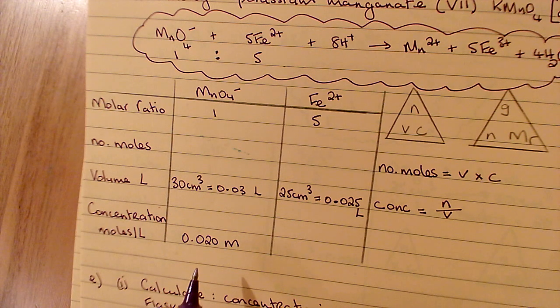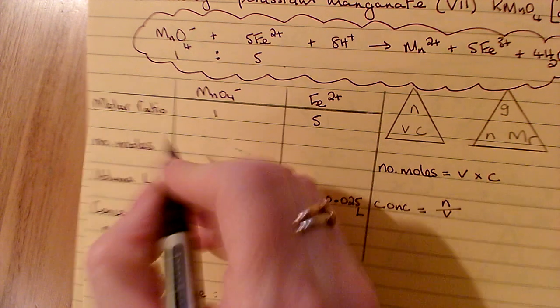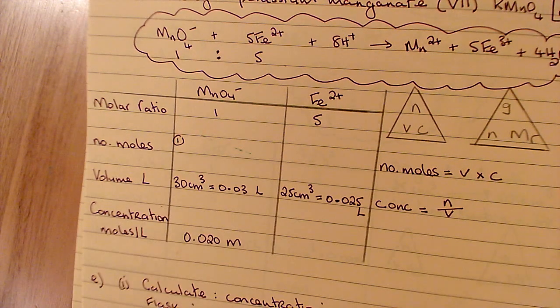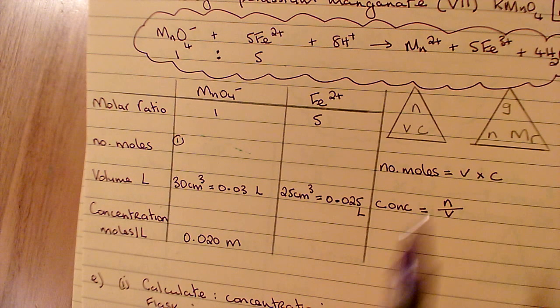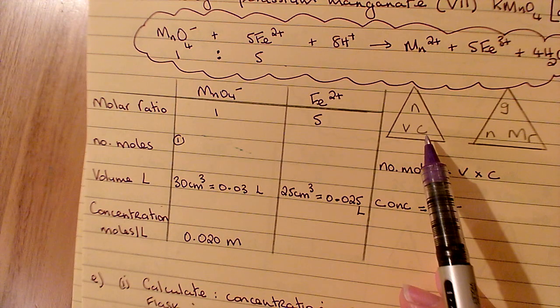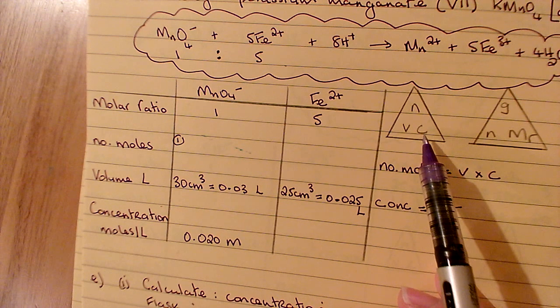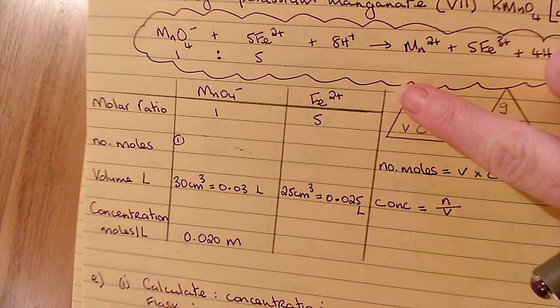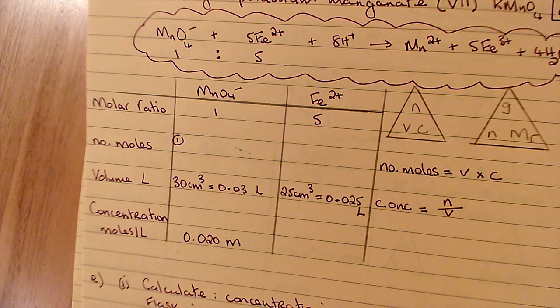The first thing we're going to do is work out the number of moles of permanganate, and we're going to use our not very complicated triangle over here. We're looking for number of moles, so if I cover the number of moles, that gives me volume times concentration.